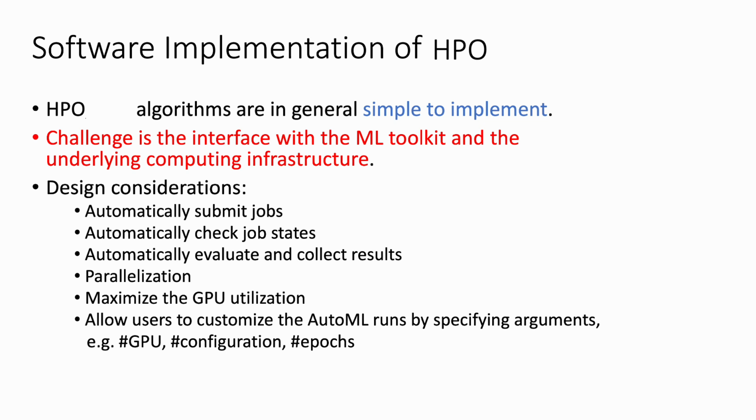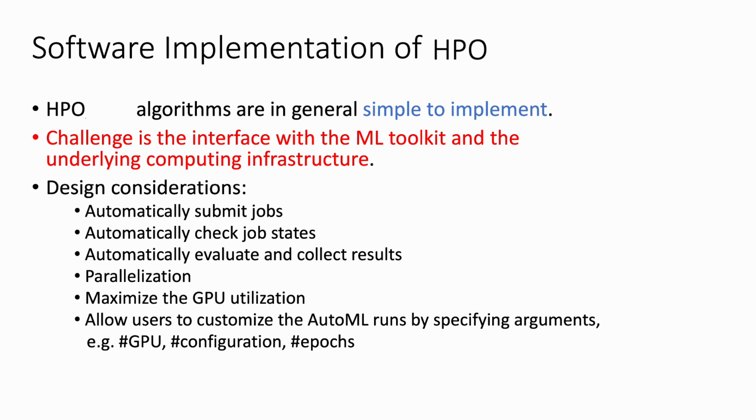HPO algorithms are generally straightforward to implement. The real challenge lies in interacting with HPO algorithms and the underlying computing infrastructure. When designing HPO software, one needs to consider their specific computing environment and how to automatically submit jobs, check job status, evaluate and collect the results, parallelize tasks, and maximize GPU utilization.